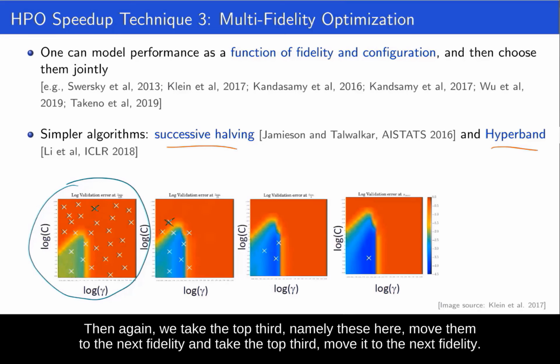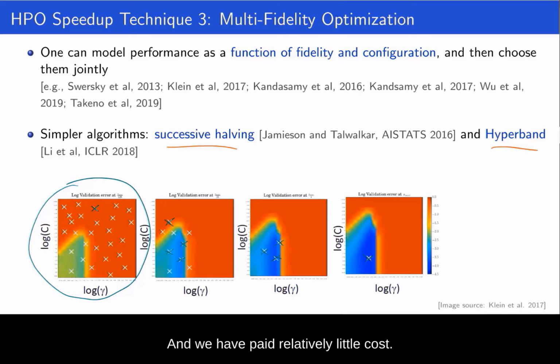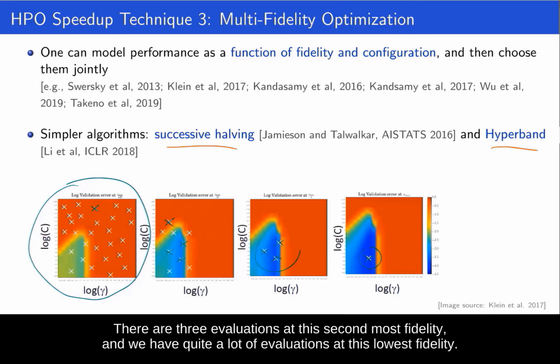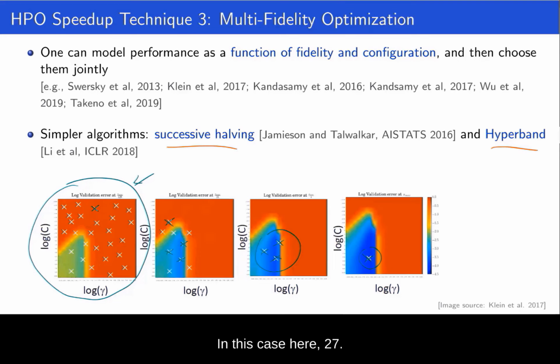Then again, we take the top third, namely these here, move them to the next fidelity, and take the top third, move it to the next fidelity, and we have paid relatively little cost. We only have one evaluation at the top fidelity, 3 evaluations at the second highest fidelity, and quite a lot of evaluations at the lowest fidelity, in this case 27.